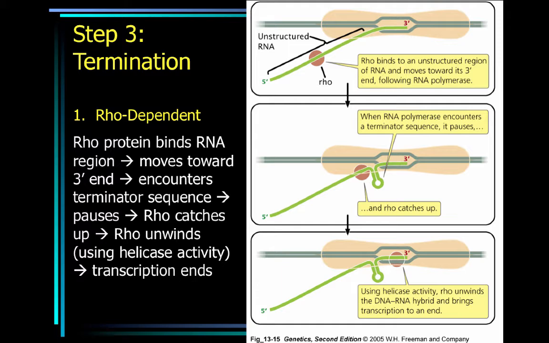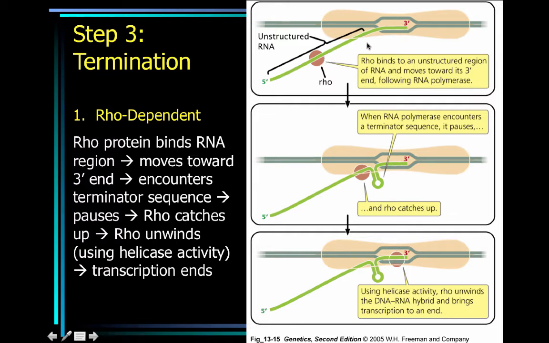If a gene does require it, then that rho protein is going to bind to the RNA, to a certain RNA region, and is going to move upwards towards the 3' end of that messenger RNA strand.